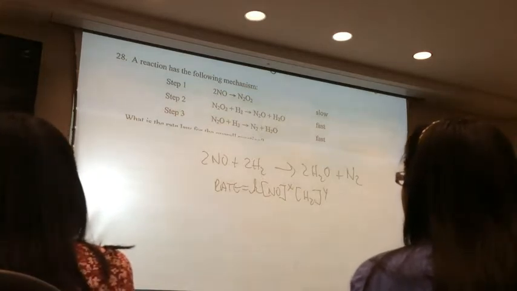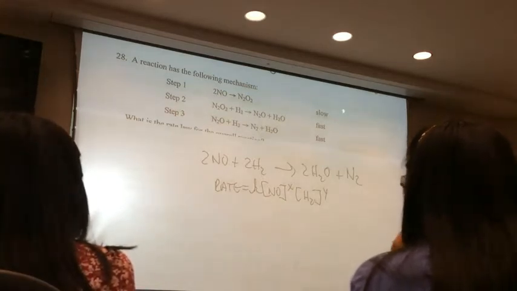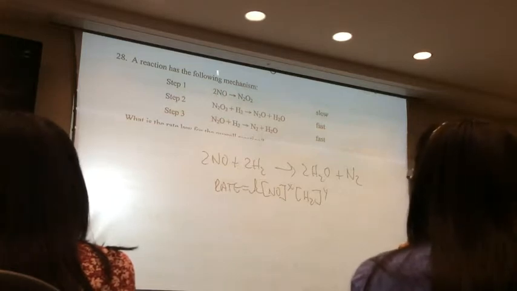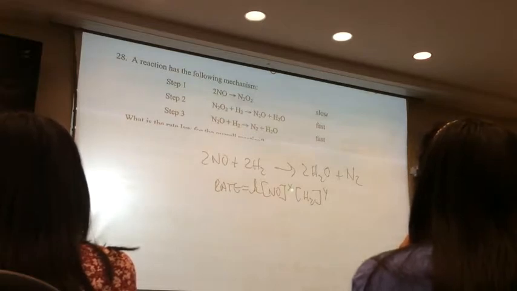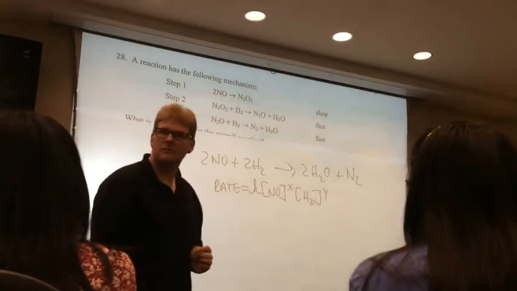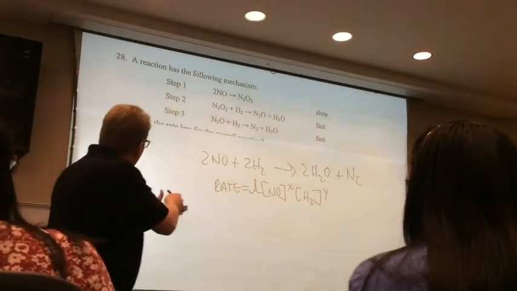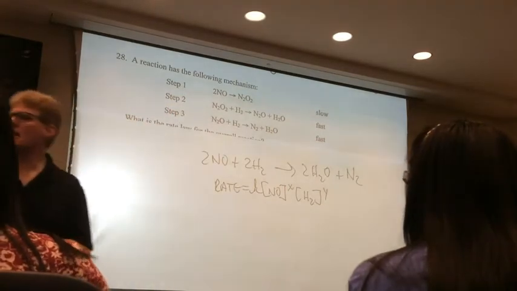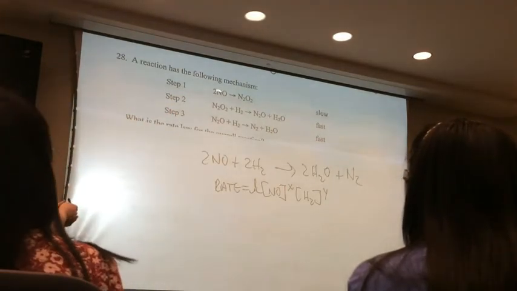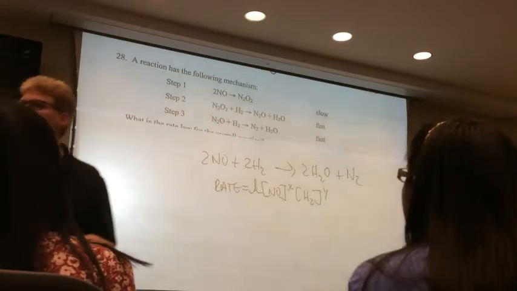But given that this is the mechanism, the rate law for the slow step is k times NO quantity squared. So that tells me that the exponent x is 2 and y is 0. The reaction doesn't depend on H2. Why? Because there's no H2 in the rate determining step.